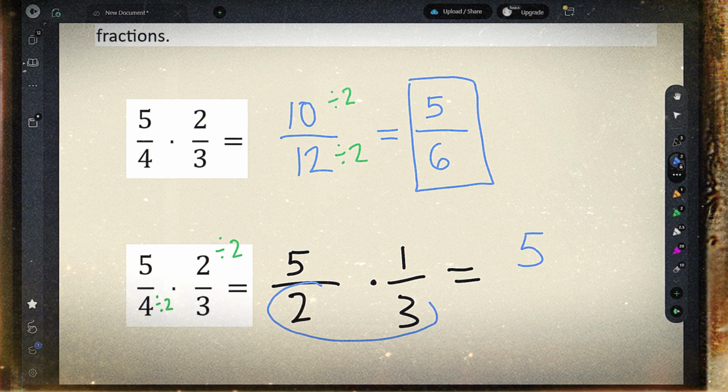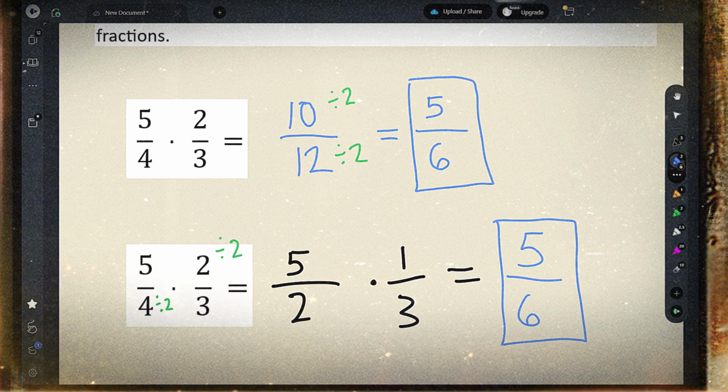Multiply straight across the bottom. 2 times 3 is a 6. And there's our answer, 5 over 6. And it's already simplified because we did that first. So notice we got the same answer both ways. It's up to you whether you want to multiply first and then simplify, or simplify first and then multiply.